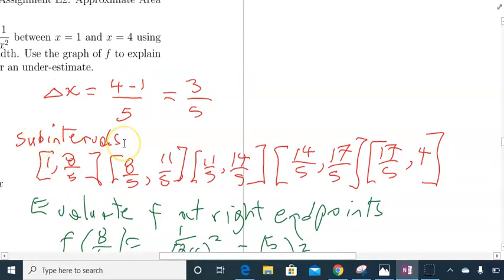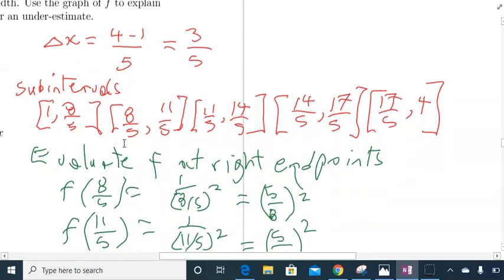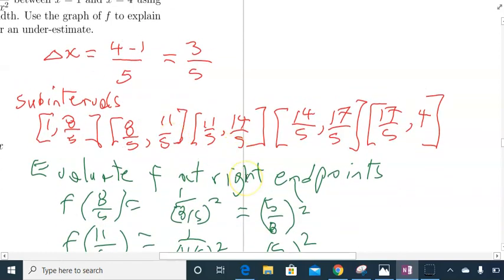Okay, now let's evaluate f at each of the right endpoints. What are the right endpoints? 8/5, 11/5, 14/5, 17/5, and 4. So f of 8/5 is going to be 1 over 8/5 squared. You can invert that to become 5 over 8 squared.